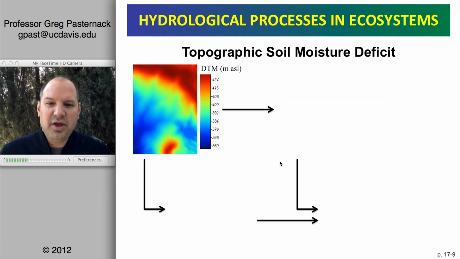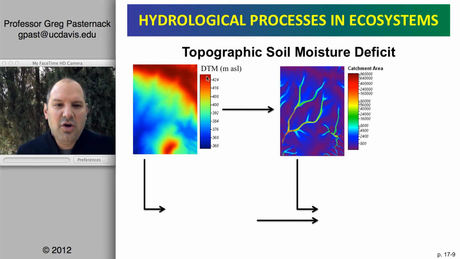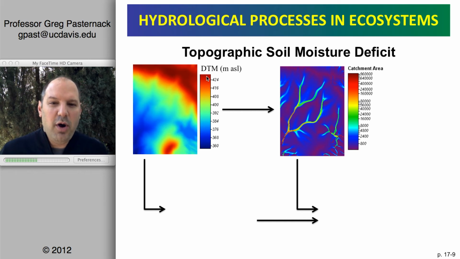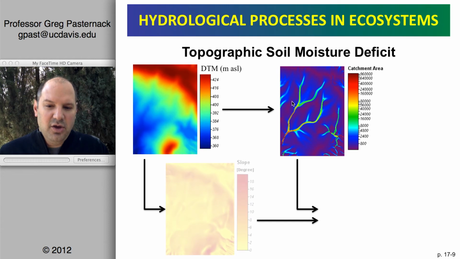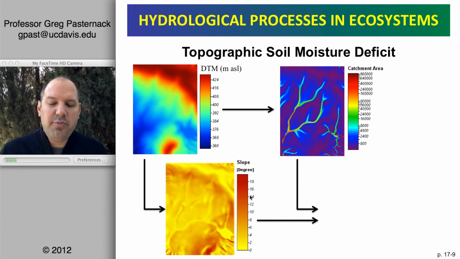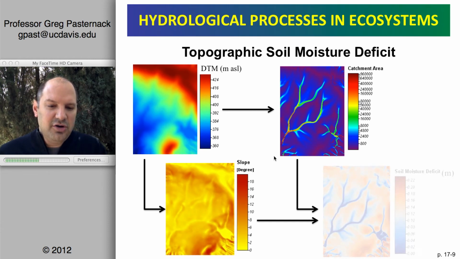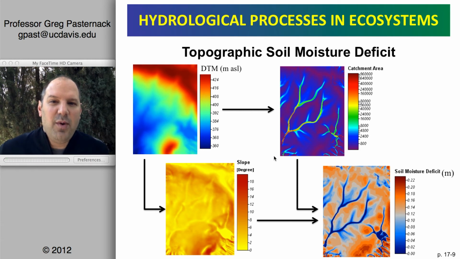If we start with a digital terrain model from low elevation to high elevation, we can figure out the contributing area for each point or grid cell in the raster. We can also extract the slope, and then you put those two together to get your topographically derived wetness index.